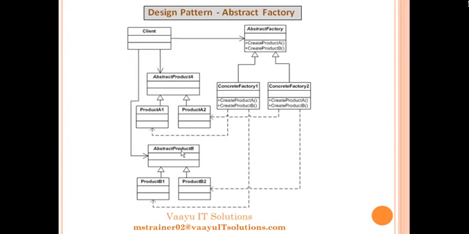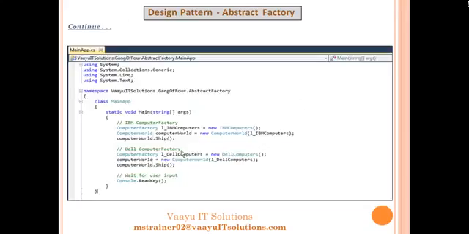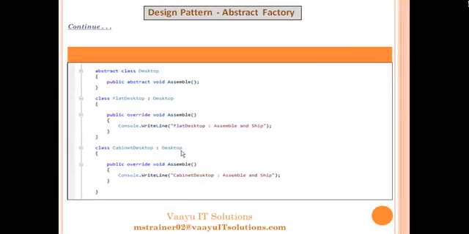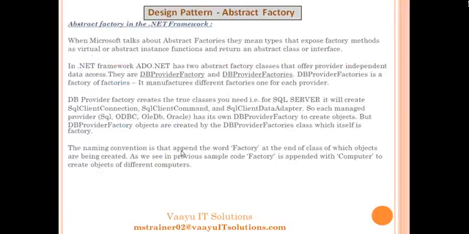As I said, the client uses interfaces declared by the abstract factory and abstract product classes. Our computer world is doing that, using the abstract factory and abstract product classes to create objects of the type you want. I think it is clear now.